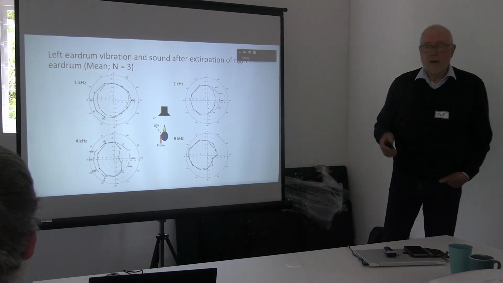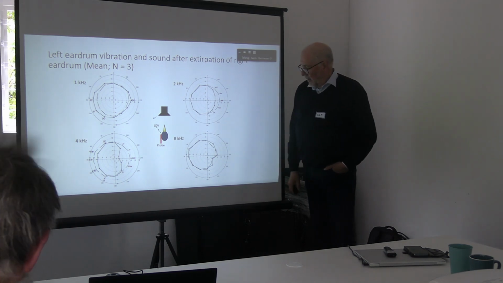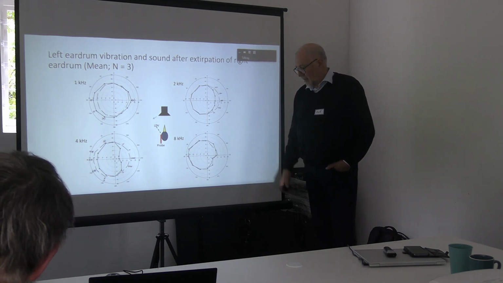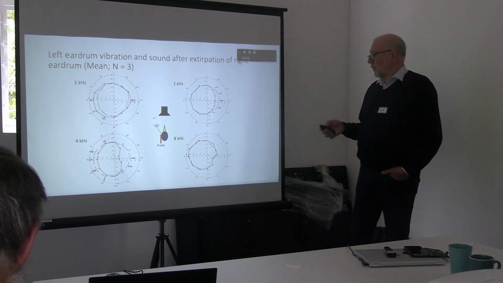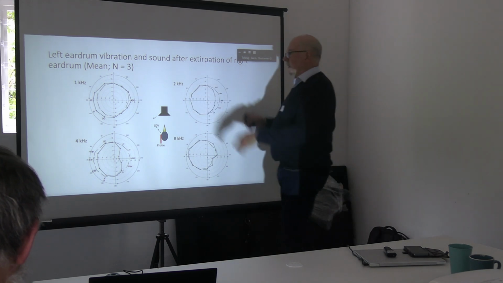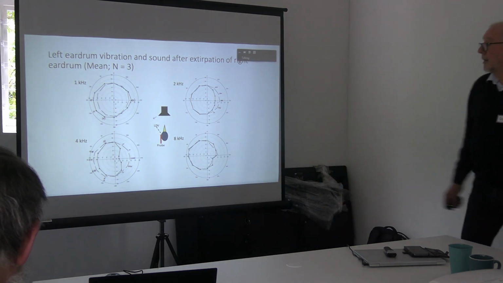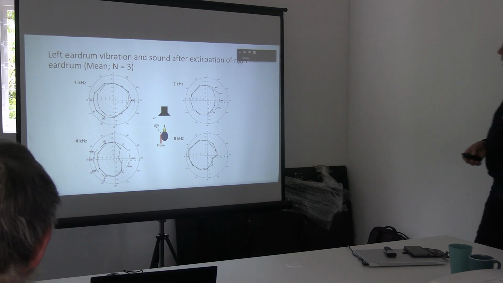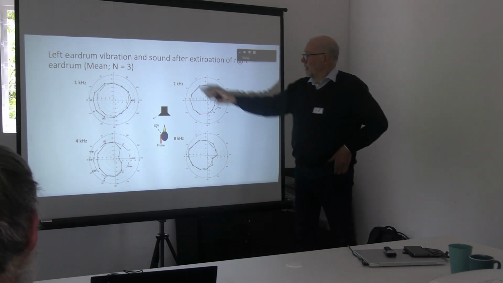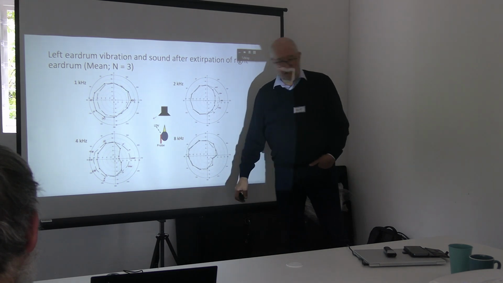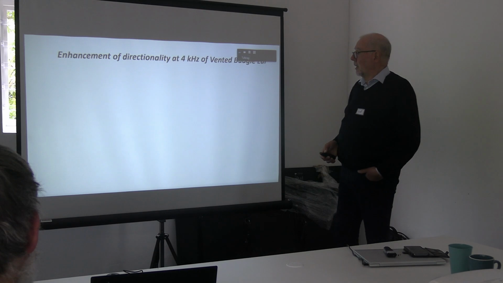There's no difference between the microphone and the vibration amplitude. So in this bird, which is a Jerica, there is directional information between 2 and 4, 6 kilohertz perhaps, because of the interaural canal.